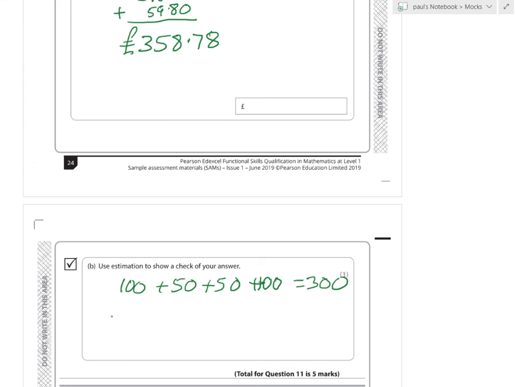So 20% of 300. 10% is 30, so 20% is 60. So 300 plus 60 equals £360. That's not far off, is it? Less than £2 off.